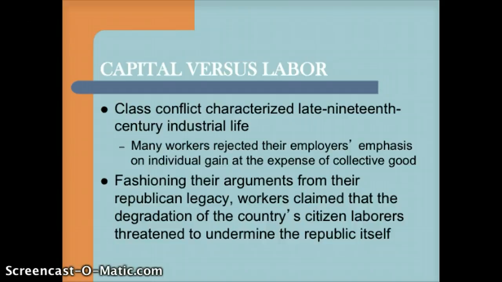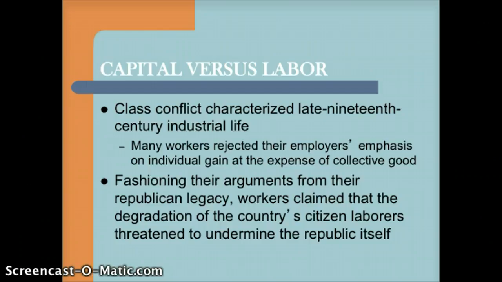So the essential question that I'd like you to consider for this topic is, is class conflict inherent in class division? So just because there's a division of classes, which, you know, there's traditionally been throughout the history of mankind, does that imply that there is class conflict?